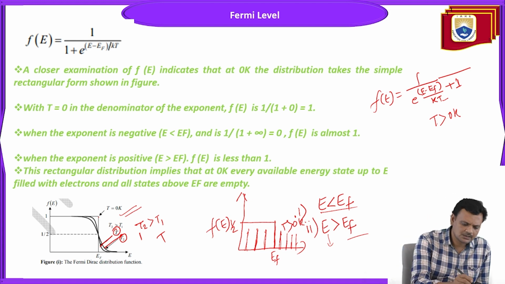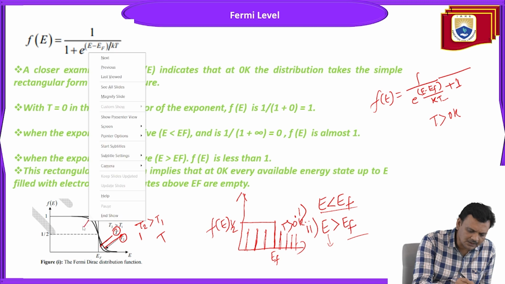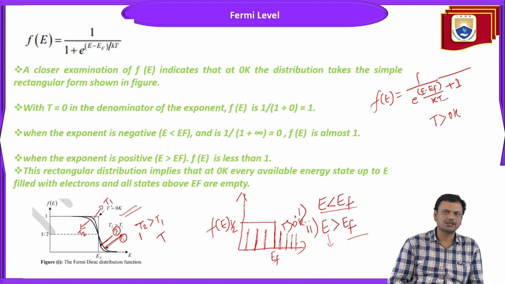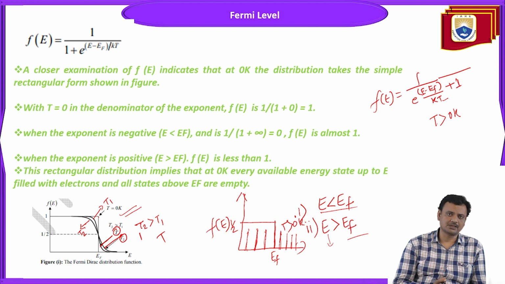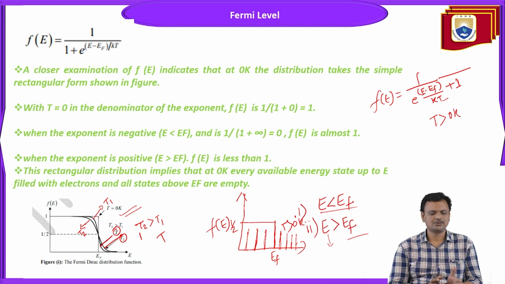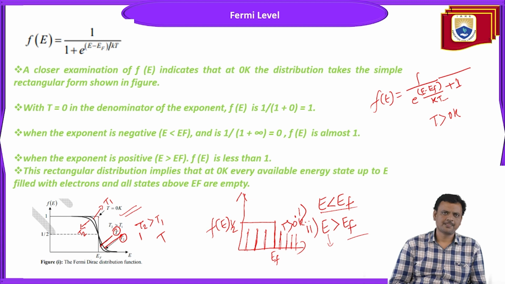See, this curve is for T2, and this curve is for T1. T2 is greater than T1. So at higher temperatures, meaning temperatures greater than 0 Kelvin, we are considering two temperatures T1 and T2, and between these, T2 is greater.